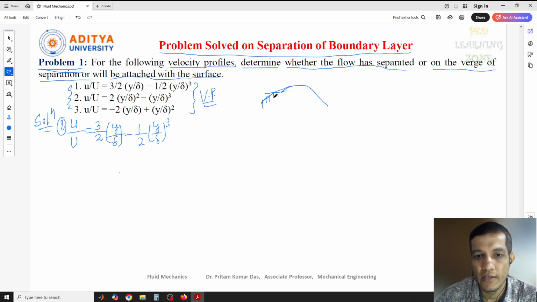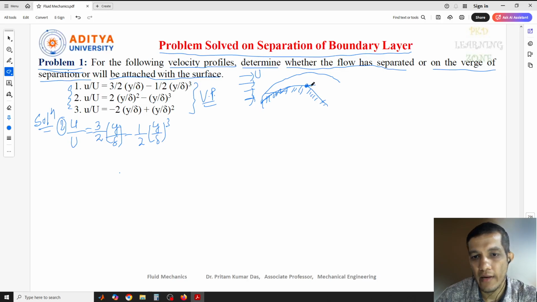Suppose this is the solid object, and the fluid is flowing over it with a velocity of u, and the velocity profile will be created over the surface. It's like this, as we have seen previously. Now a point will arise where the flow is supposed to start separating from the boundary layer.